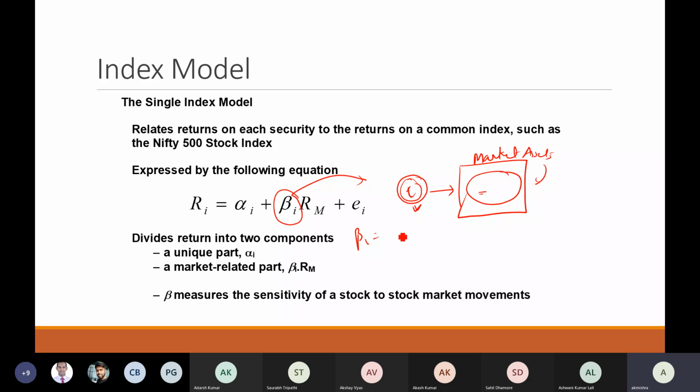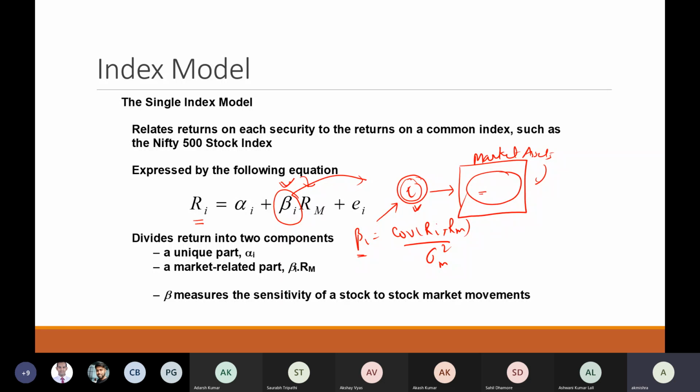Systematic risk means beta, which, if you remember, is the covariance of these two. So you are already considering the systematic risk of this asset, and we are assuming that this asset belongs to the market. That's why the expected return of this is going to be a function of these two things: the systematic risk of the security and how the market portfolio is performing. Based on that, this index model has been introduced. This is a very basic model.